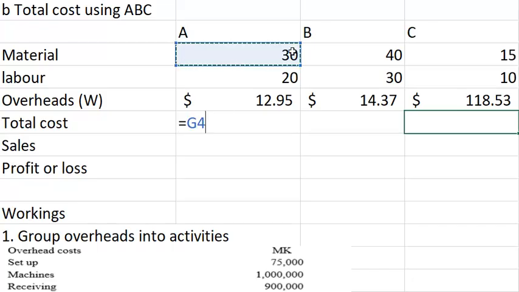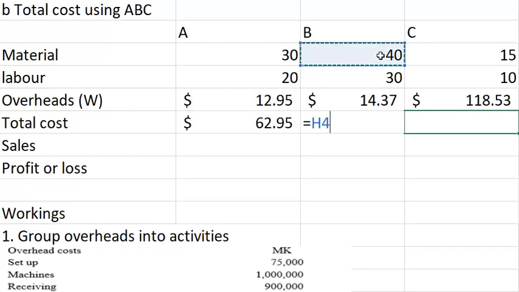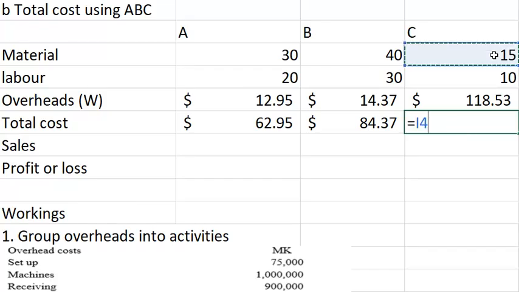I'm just praying that you guys are writing because anything can happen. Okay, that's the total. If you add those three, okay, so those are the total unit costs using ABC.